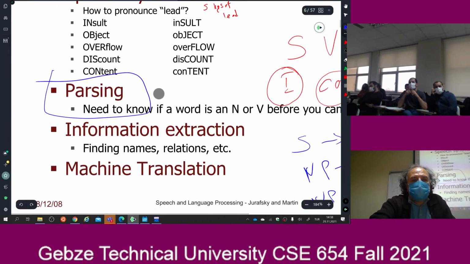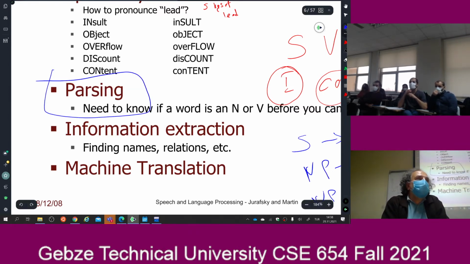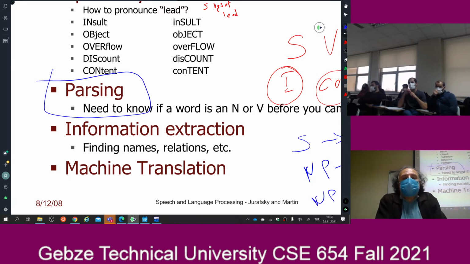Again, for parsing, it is important to know if a word is a noun or a verb. Information extraction again. When I say extract some information about this and this, the simplest form of information extraction is keyword matching. Using Control F, you just match the words one by one.